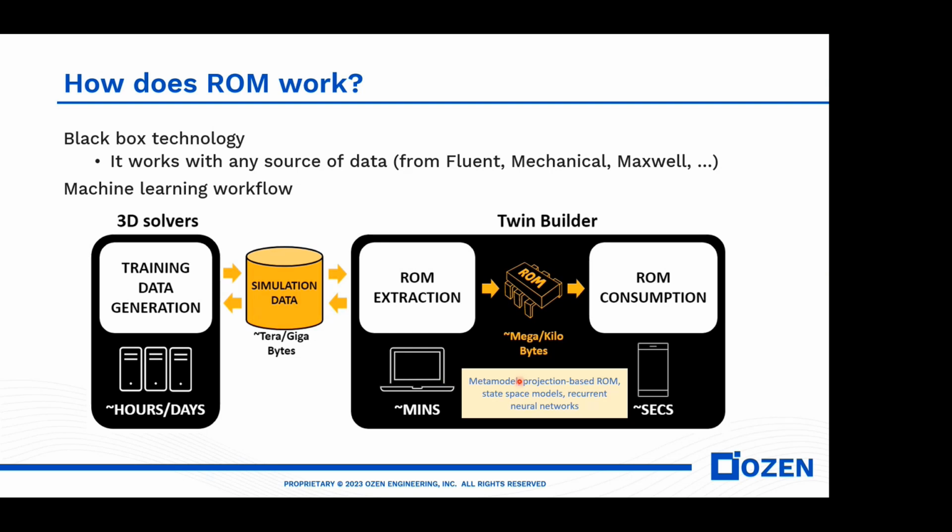And then you try to reduce the number of modes in that matrix to reproduce the initial matrix of the solution data. And since you're reducing the amount of data, effectively the reduced order model becomes smaller and smaller. But we have to be very careful about how much we reduce it, because if you reduce the number of modes too much, your error per solution will increase.